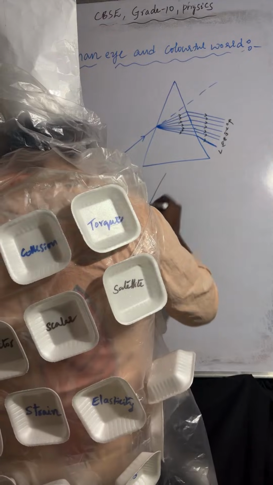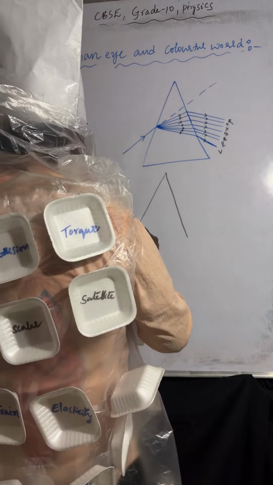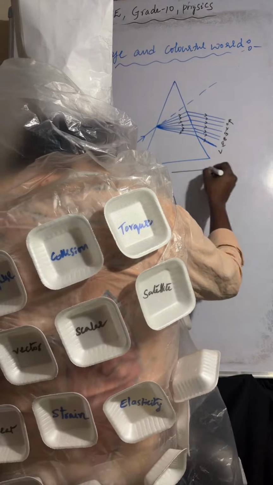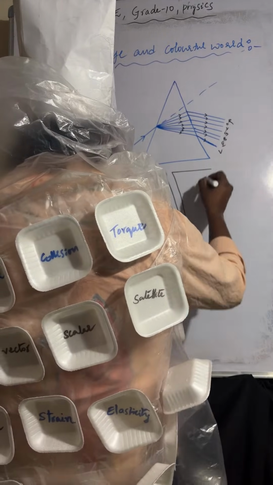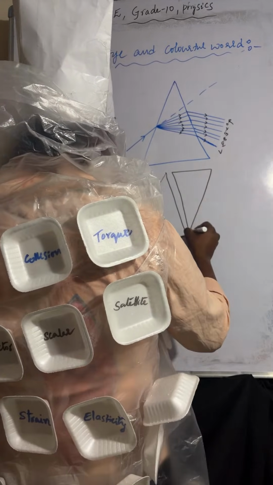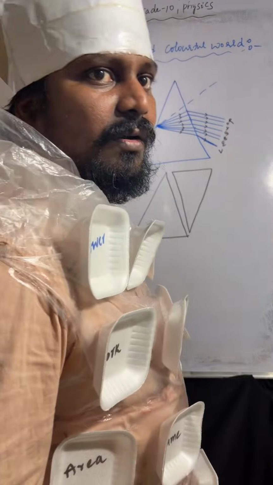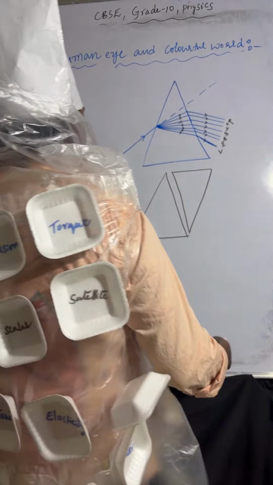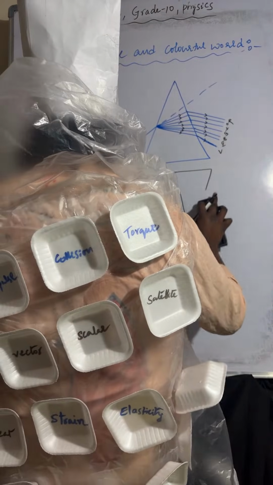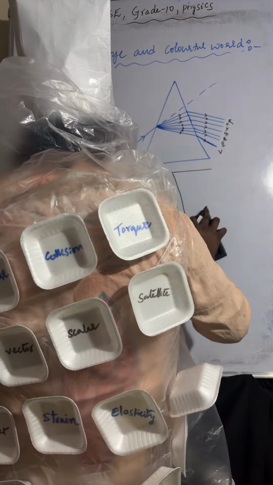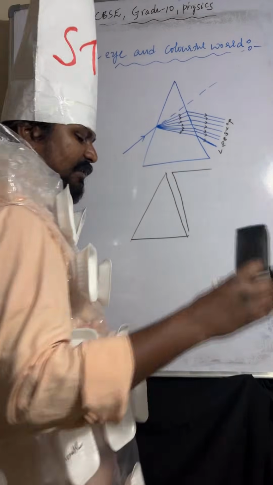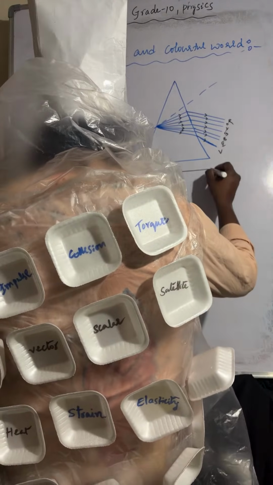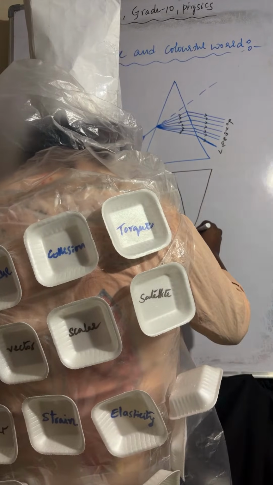Next one, recombination of the spectrum into white light. If you take these two prisms, Newton split the colors. When a light ray passes through the prism, it splits into 7 colors. To go further, he placed an inverted prism near the first prism.